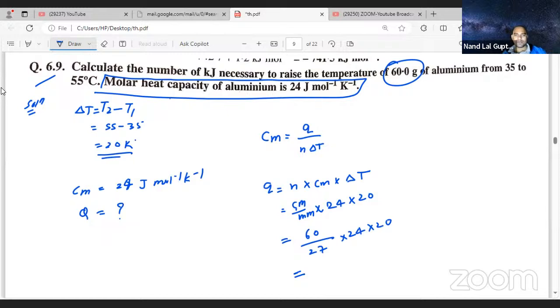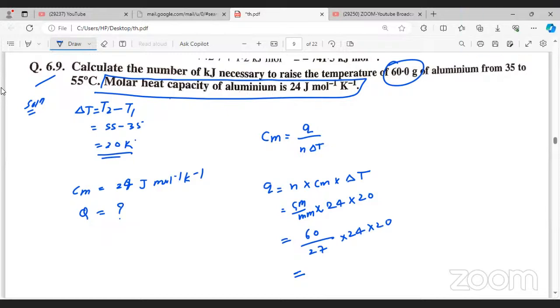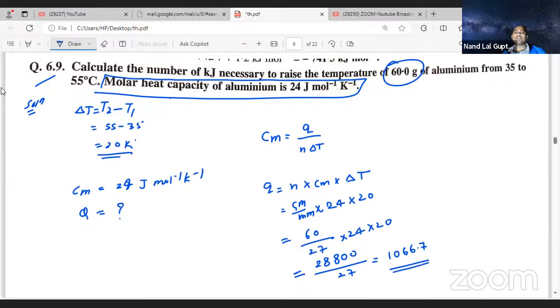Should I do or you are going to do? Doing it. Okay. 2,400 into 8. Can you tell me what unit is going to come here?